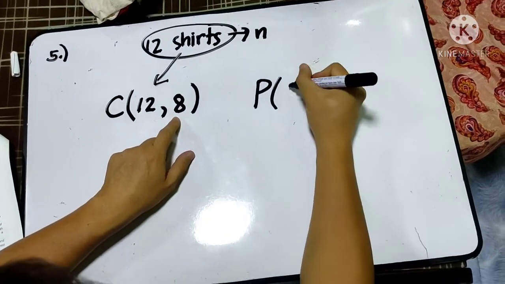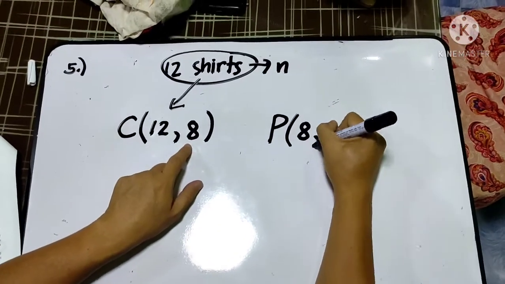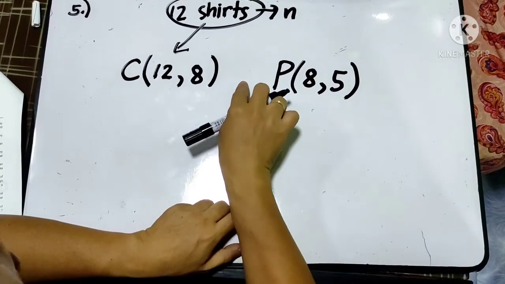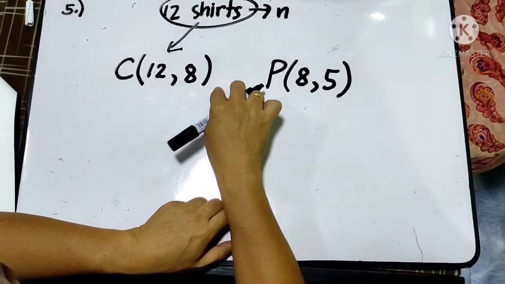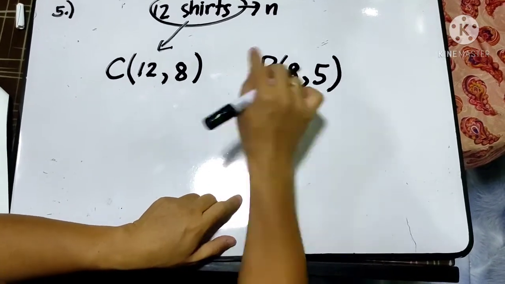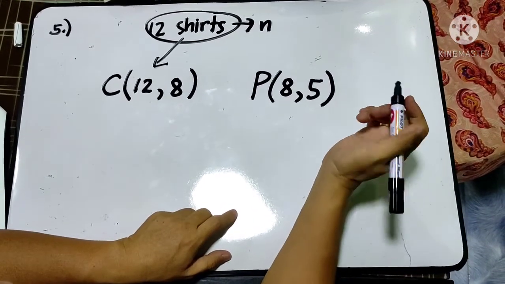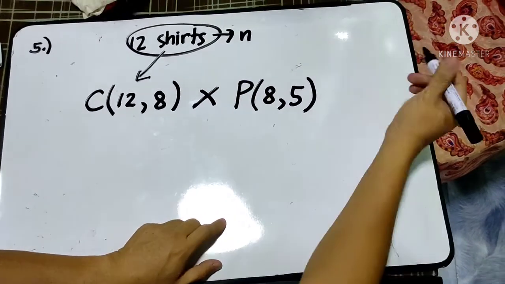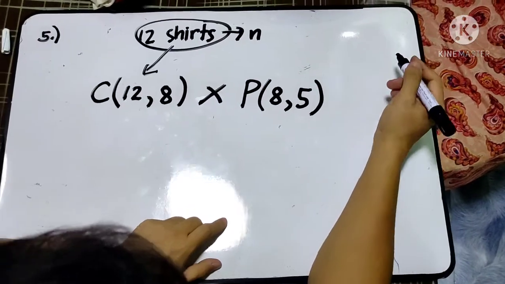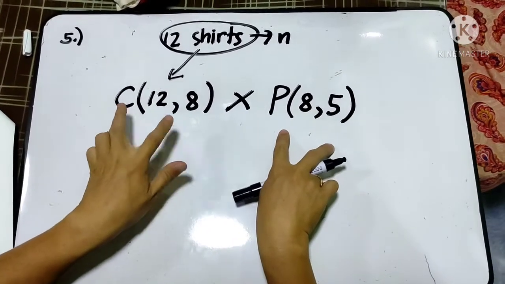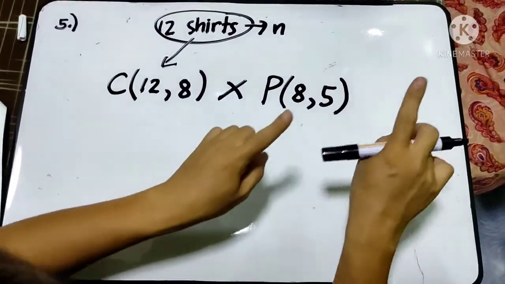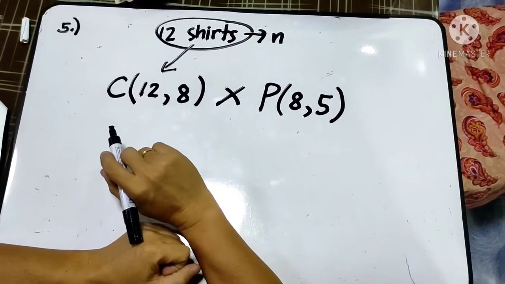So you will have 8 taken 5. Now what is the operation to place in between? Is it a plus or a times? You're going to use multiplication. Why multiplication? Because you need to perform the two tasks. You need to perform the two tasks in order to answer the problem.